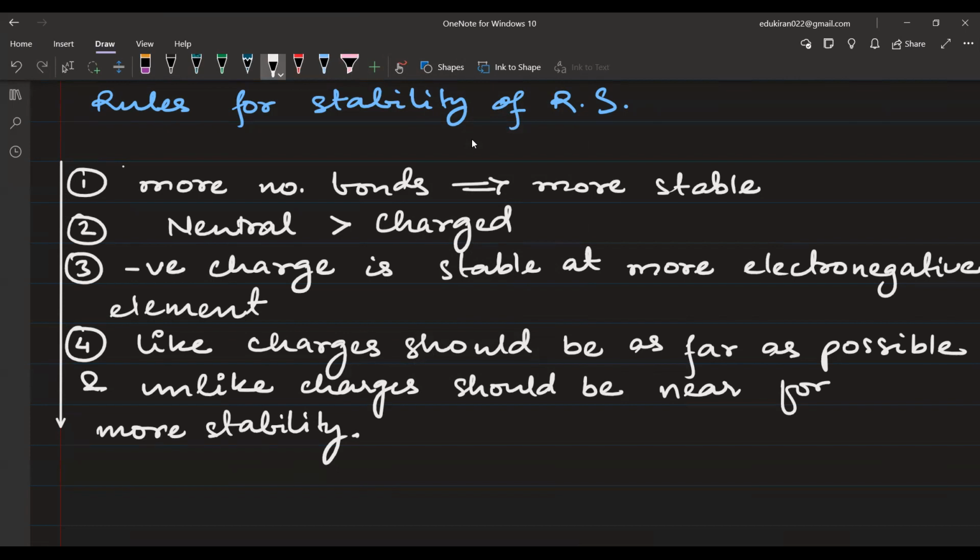Then you look at the negative charge, where it is present: on the more electronegative element or the less electronegative element. If that is also the same for the given structures, then you look at the charges. If you have like charges, are they near? And if you have unlike charges, are they far away? Like charges should be as far as possible, and unlike charges should be near for more stability. Write these 4 rules down.